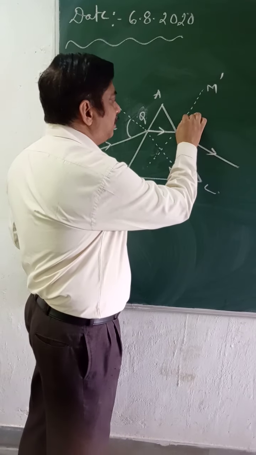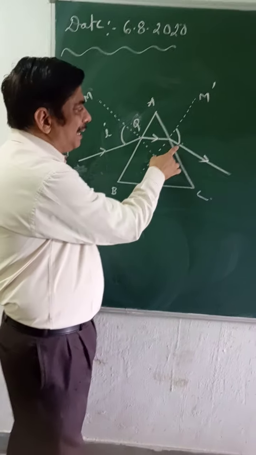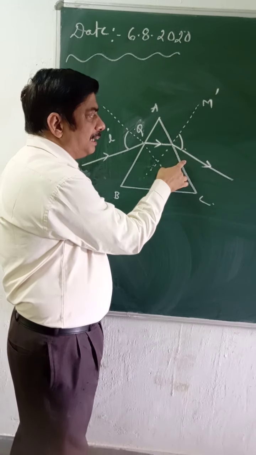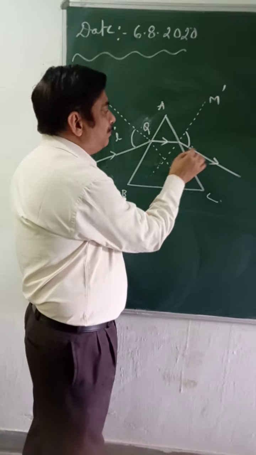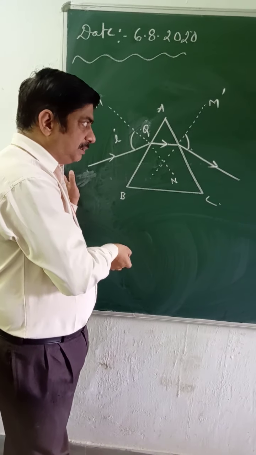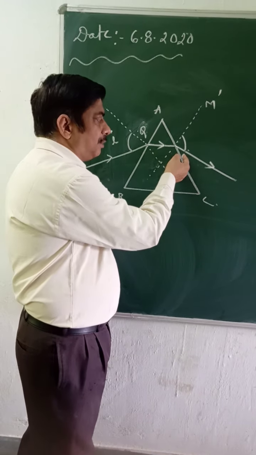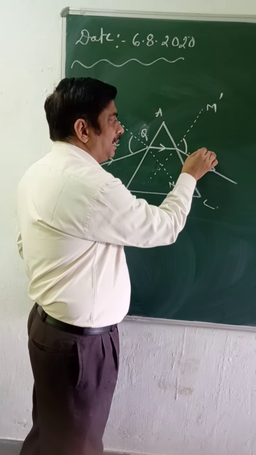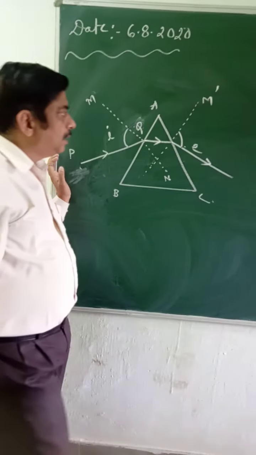And this angle is the angle between the normal and the refracted ray, and because this ray is coming out, it is called the angle of refraction as well as the angle of emergence.